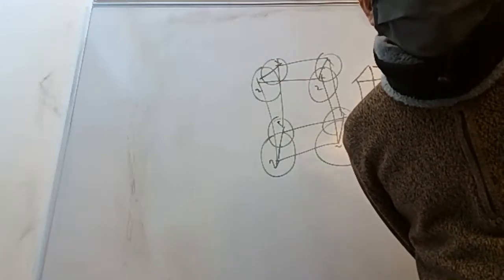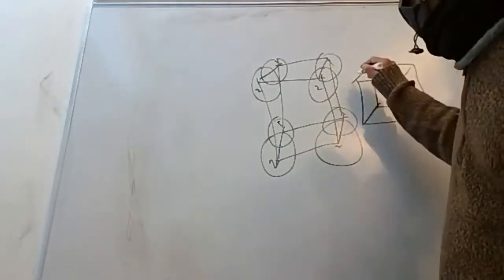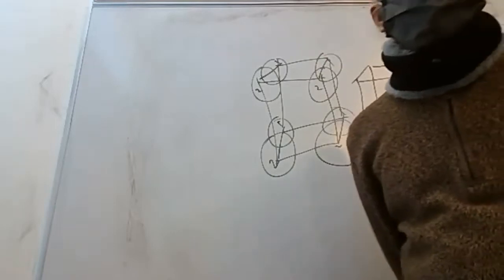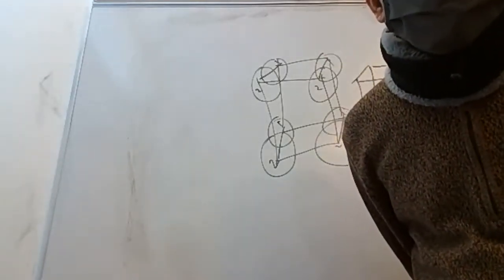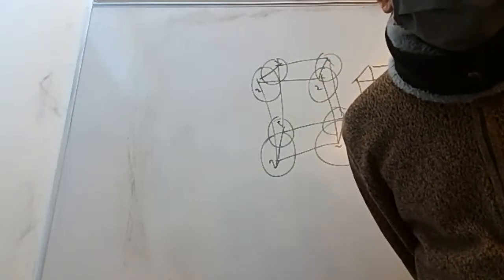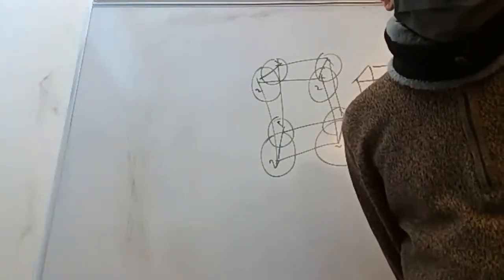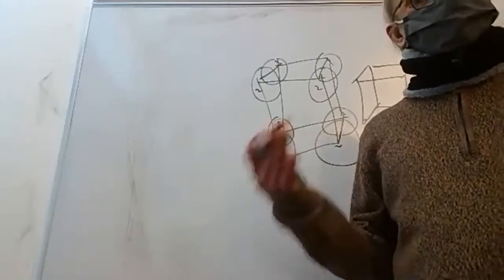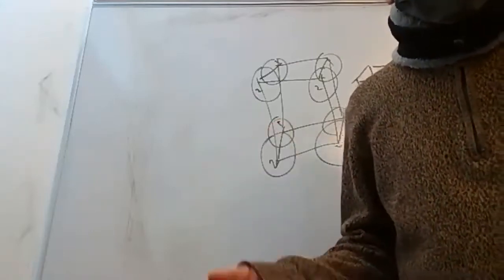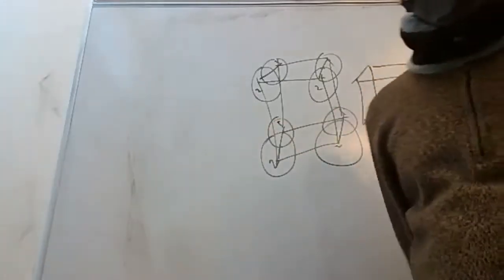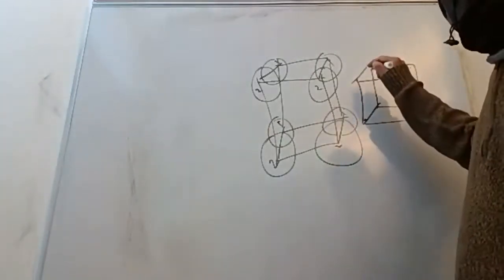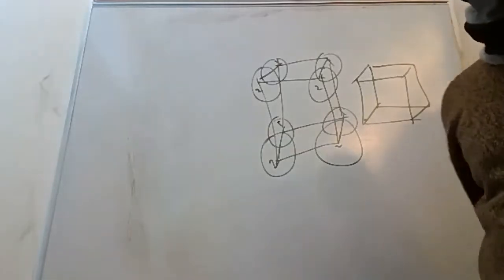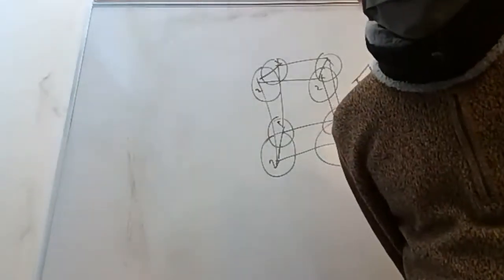Again, it's very important to note that these lines are only for the convenience of the eye. They don't exist in nature. In nature, all solids exist as atoms or ions. There are no lines. It's only for human visualization, for our convenience, that we look at these lines here. Now, this cube is one example.